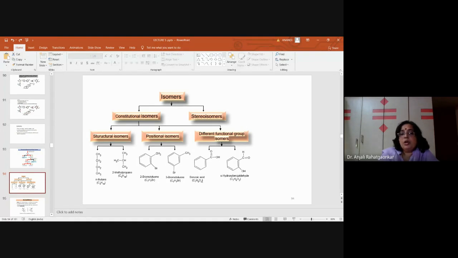The molecular formula is the same, but the functional groups are different. Here you can see a benzoic acid, and here you can see a benzaldehyde, 2-hydroxybenzaldehyde. So depending on the functional group, they may have the same molecular formula, but the functional groups are different. So these are the functional group isomers.